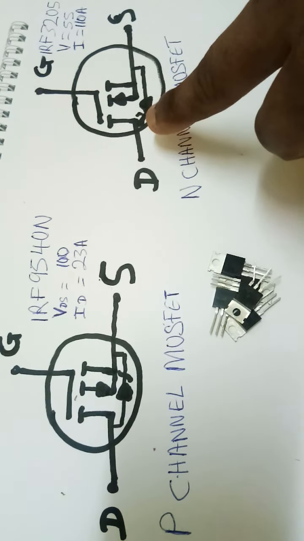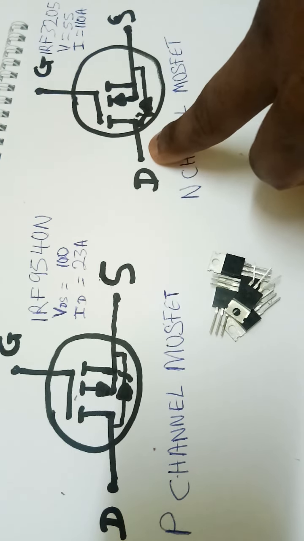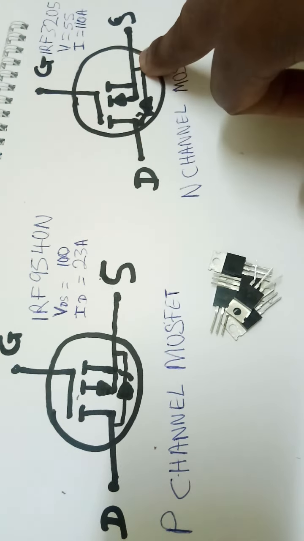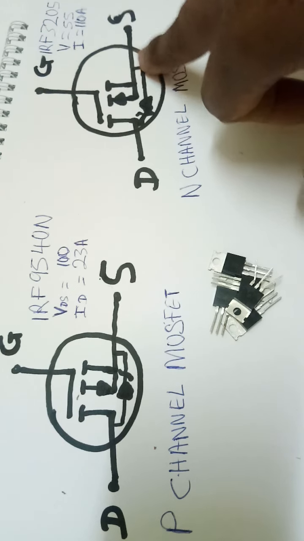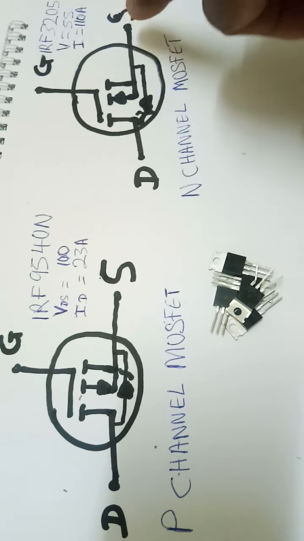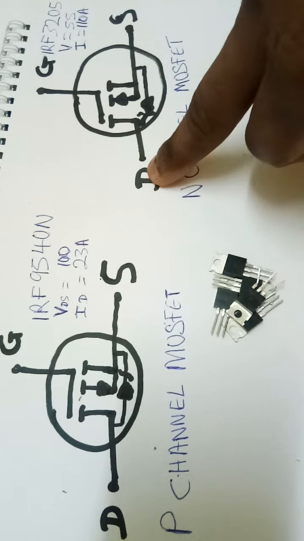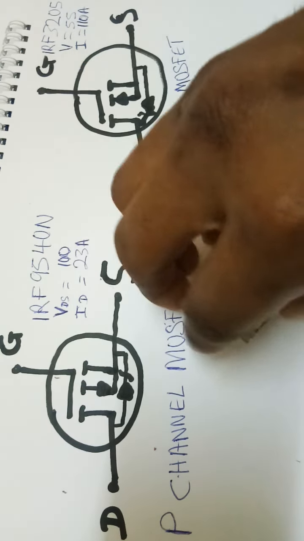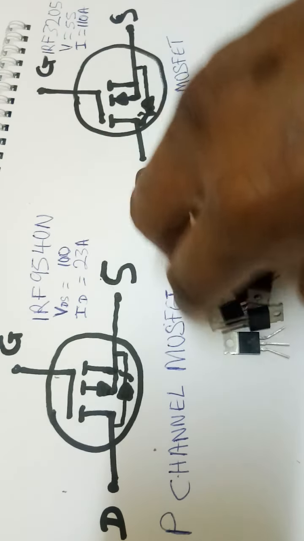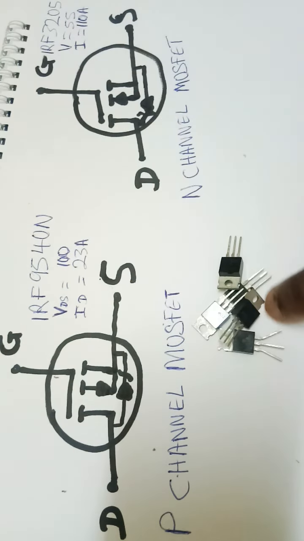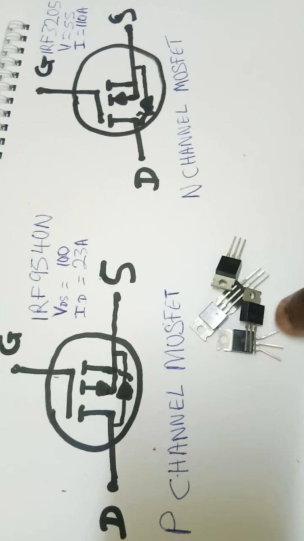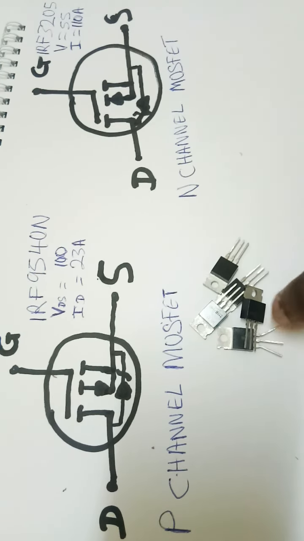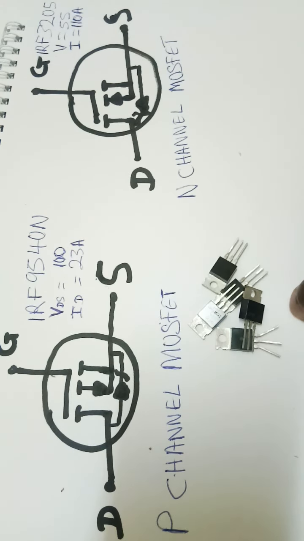Whereas here in the N channel MOSFET, from drain to source is reverse biased, but from source to drain is forward biased. So this bunch of MOSFETs contains one P channel MOSFET and 4 N channel MOSFETs.